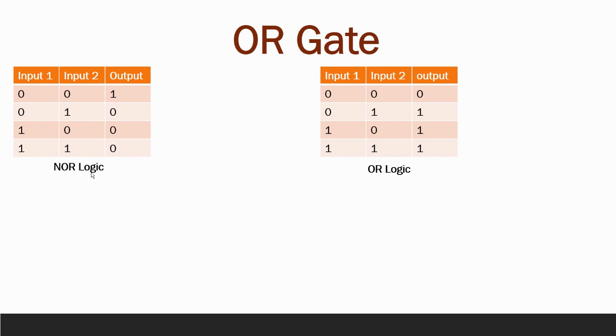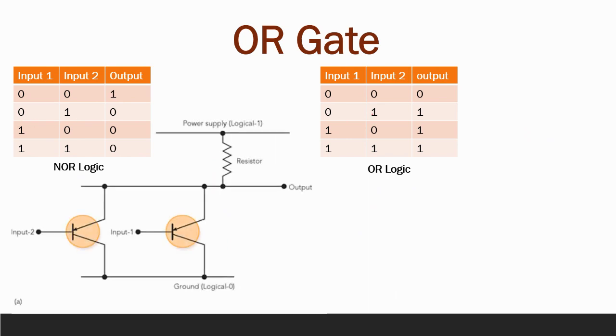The NOR logic inverts the OR logic, as shown in the truth tables. That means for the same input group, the NOR logic output is inverse to the OR logic. The NOR gate can be implemented with two parallel connected transistors as shown in the figure.